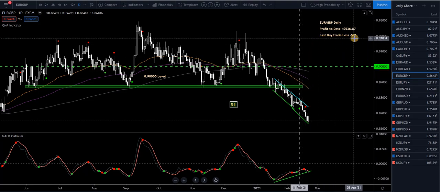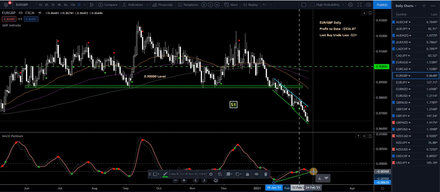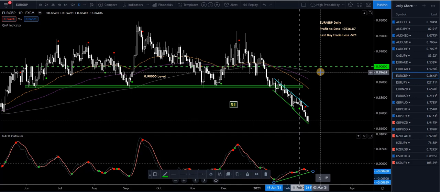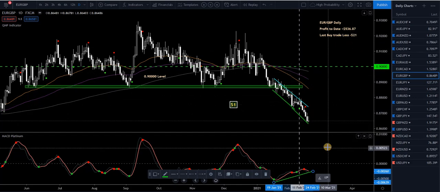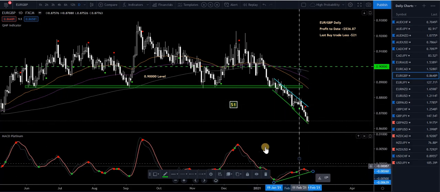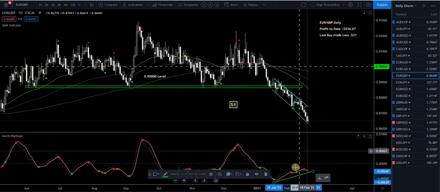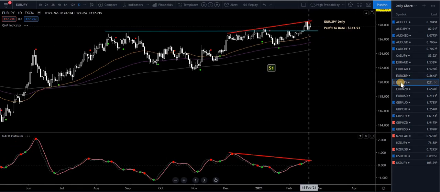And I make a note that I lost on it because the MACD platinum's still below the 0 level, and I'm now waiting on a new potential buy signal, to see if I can recoup some of that $21. In the meantime, this thing's just trending down, the MAs are spreading, but possible regular bullish divergence there.